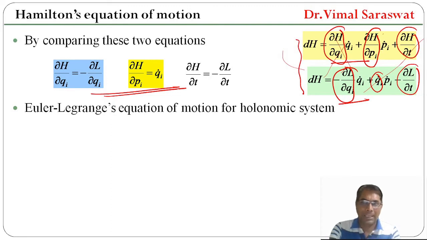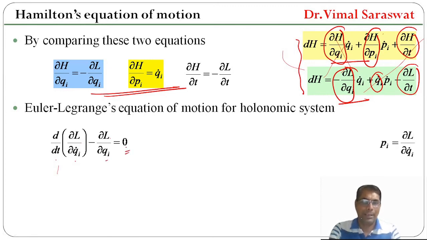Since the Euler-Lagrange equation of motion for a holonomic system is d by dt of del L upon del qi dot minus del L upon del qi equals 0, and canonical momenta del L upon del qi dot equals pi, this can be replaced with pi. So d by dt of pi, that is pi dot, minus del L upon del qi equals 0, or pi dot equals del L upon del qi.